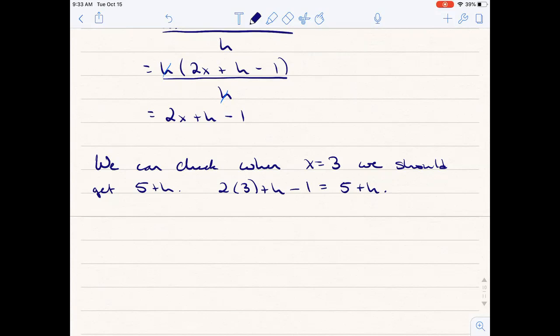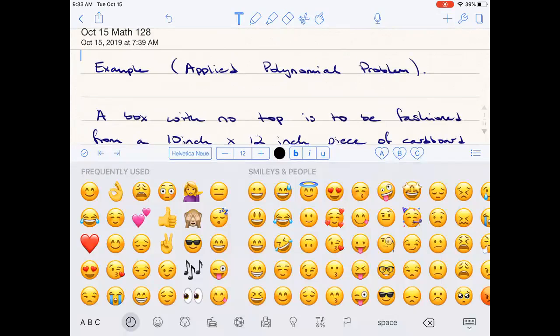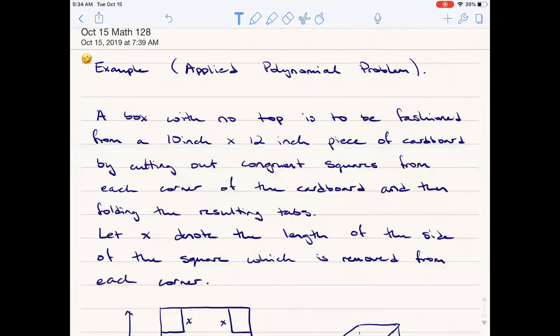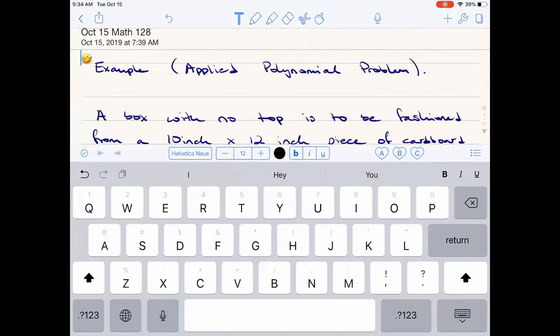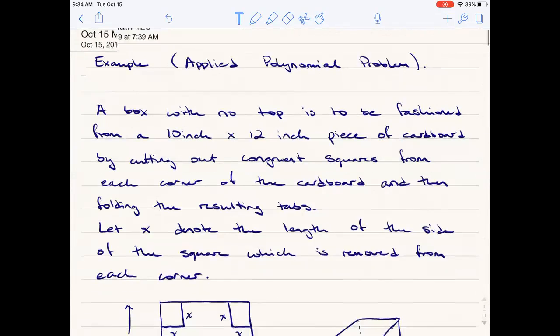I know, I think I should be, well, maybe. Let's see here. Maybe this one. Cut. This is totally worth it. Okay.